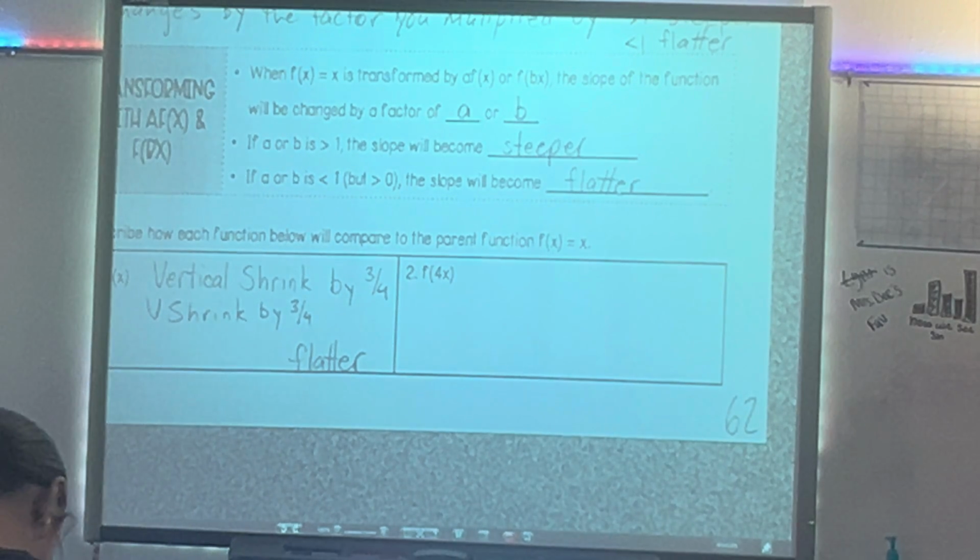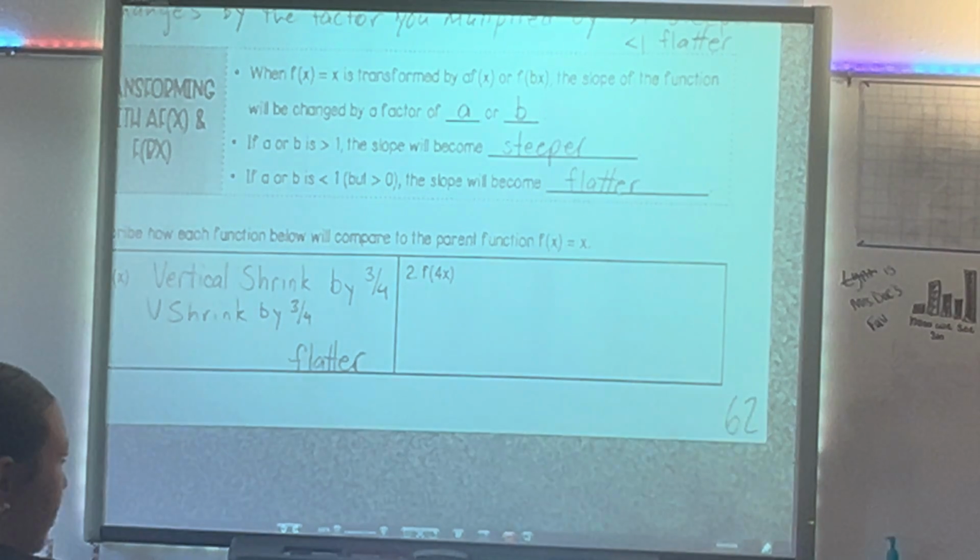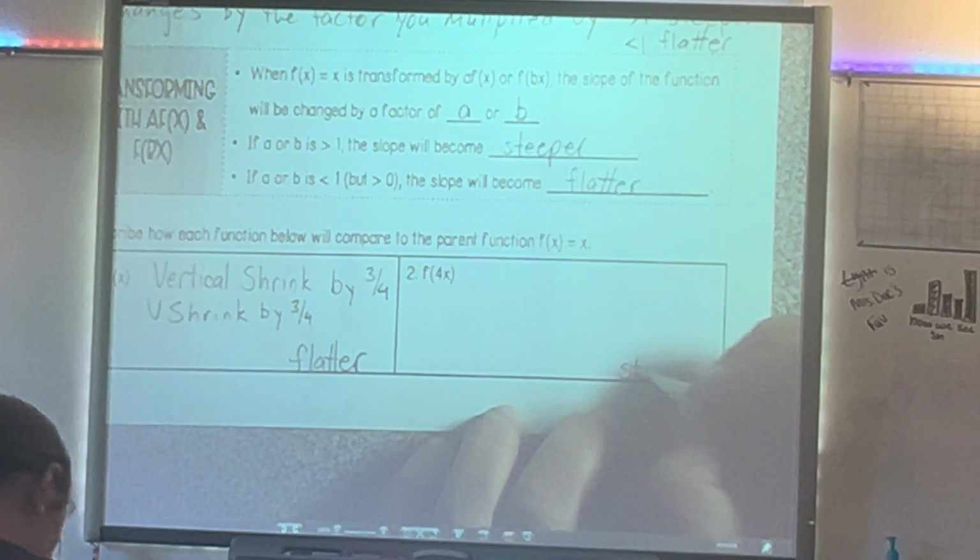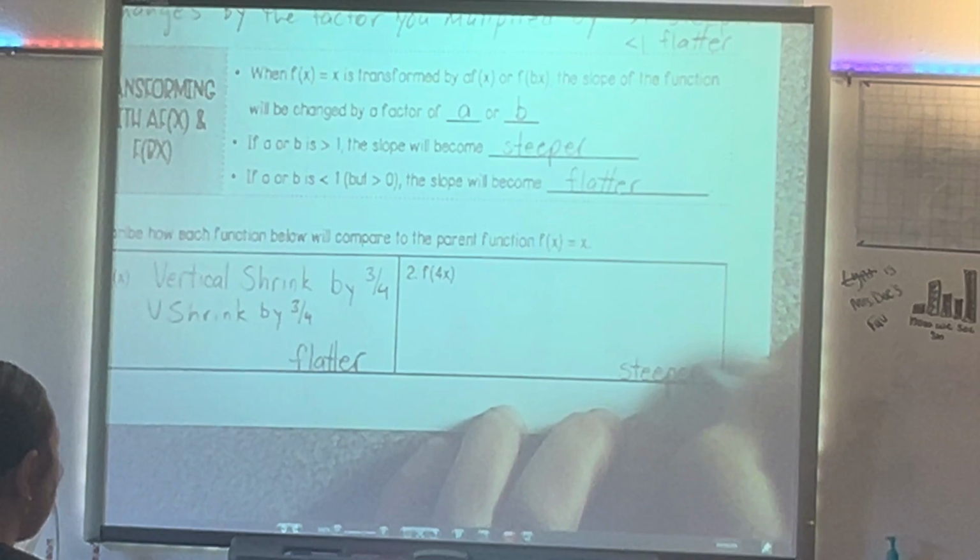It's on the inside. These are the ones that are going to be a little bit tricky. All right. If I look at that visually, I'm multiplying by more than 1. If I'm multiplying by more than 1, what happens? It gets steeper. Alright, so visually, it's going to get steeper.